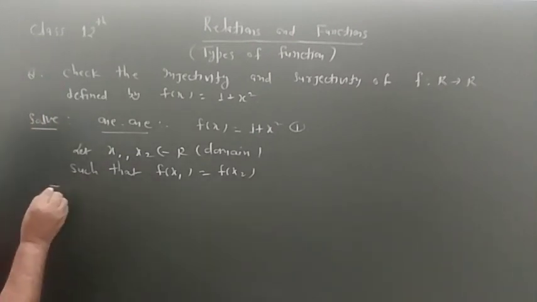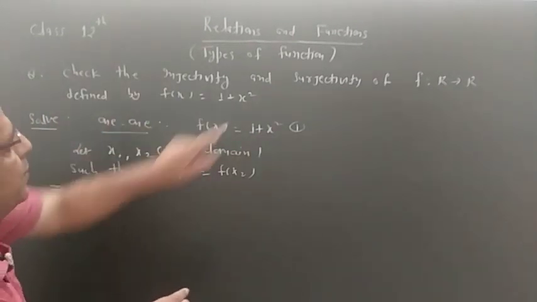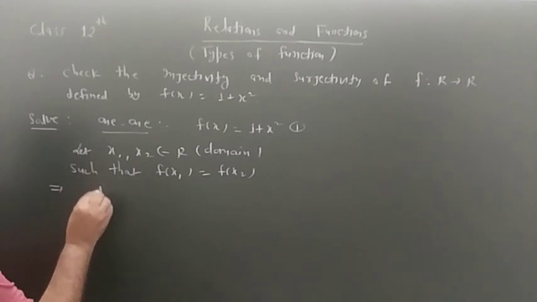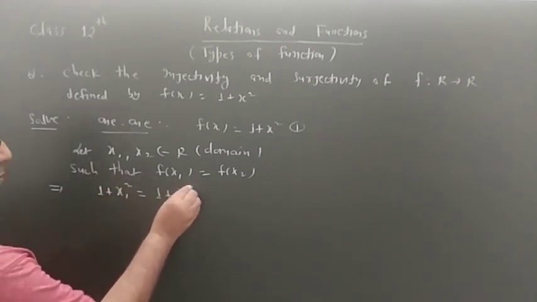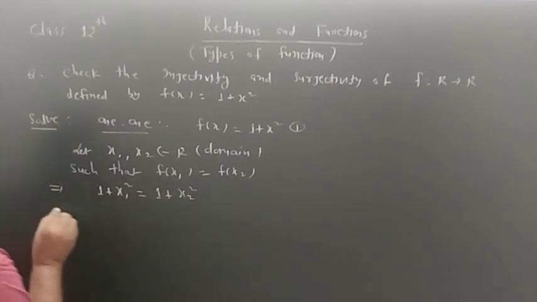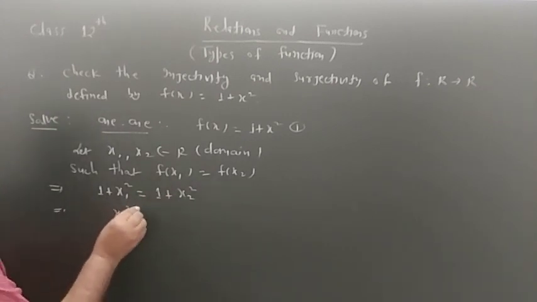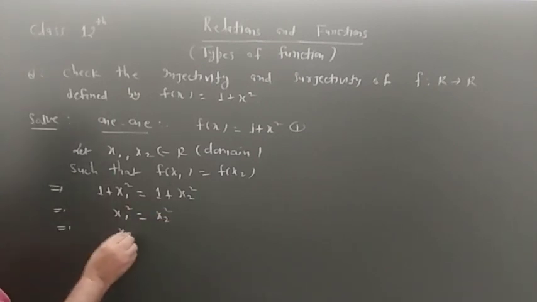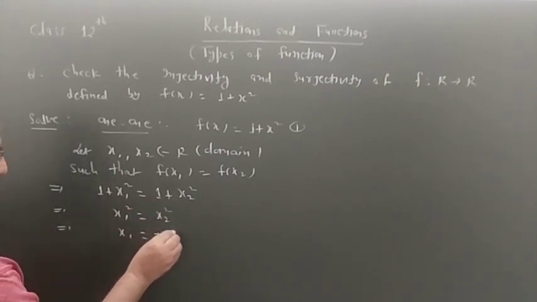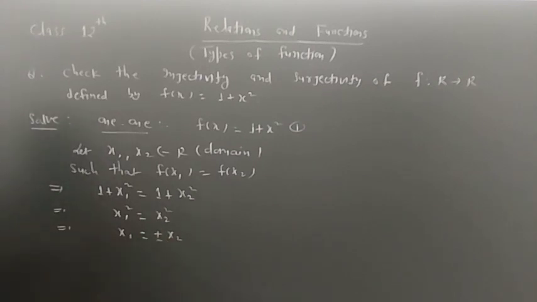According to the definition of this function, f(x) = 1 + x^2, so this becomes 1 + x1^2 = 1 + x2^2. This implies that x1^2 = x2^2. This implies that x1 = plus or minus x2.